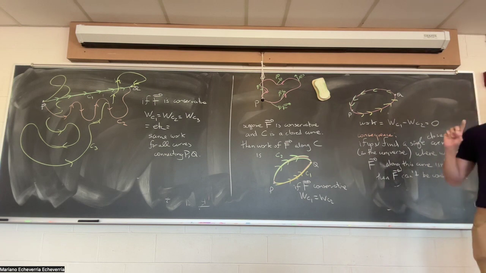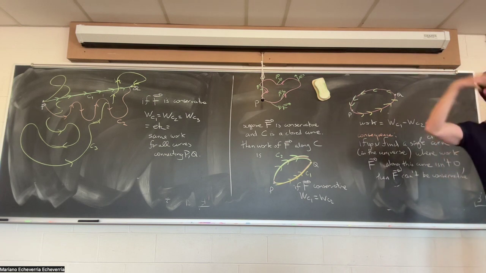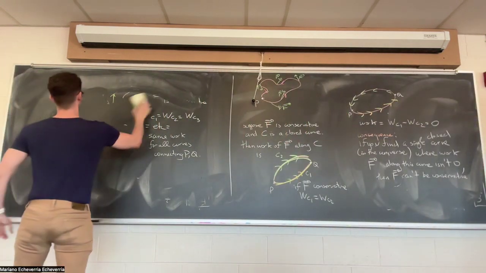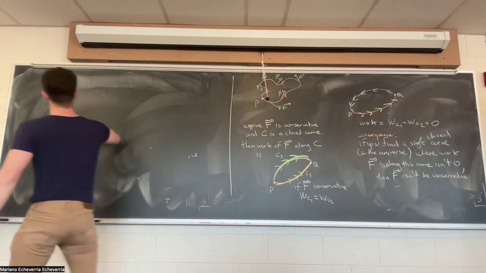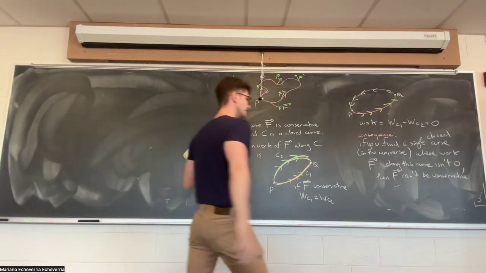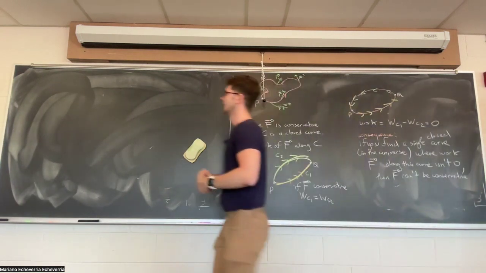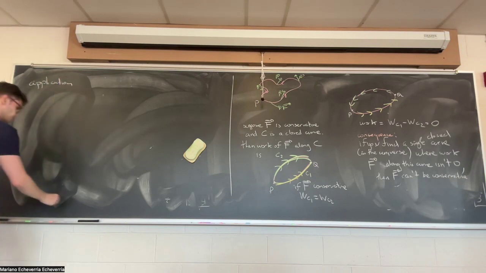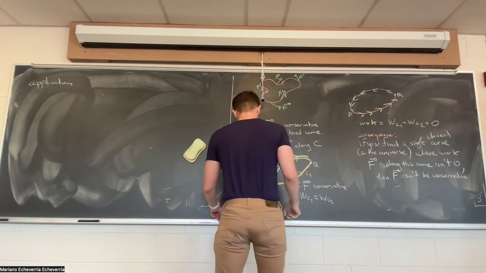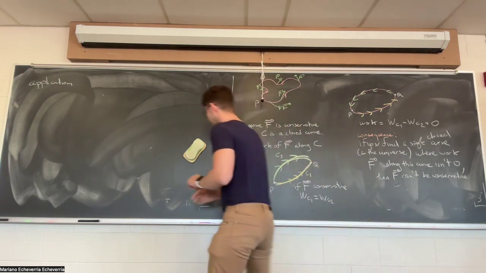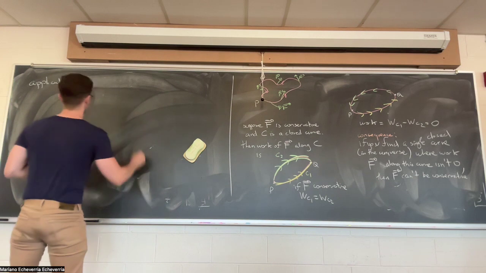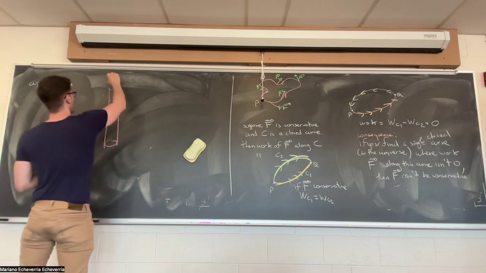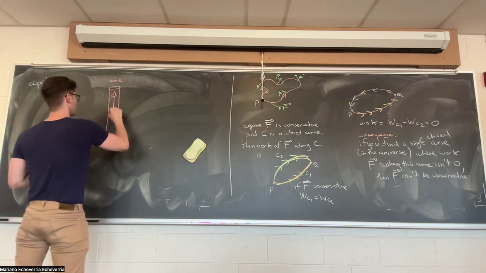And here's a cool application of that, and I'll finish here, and then next time I'll tell you how we detect whether F is conservative or not. Imagine that you have a wire and there's some electric current passing through it.